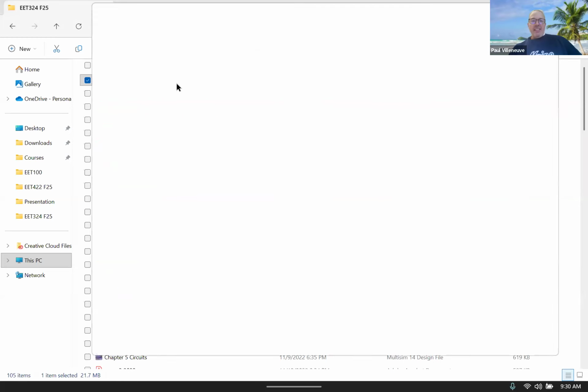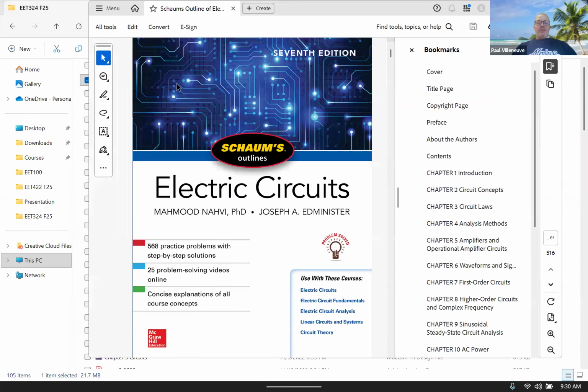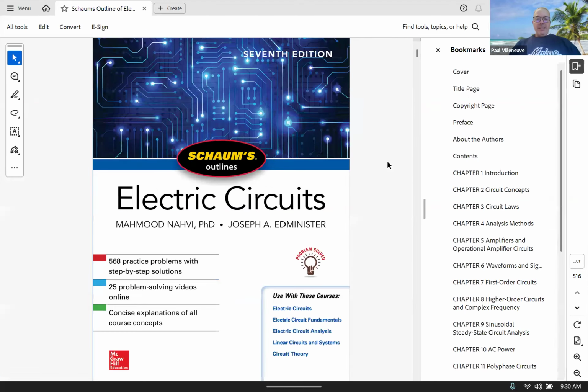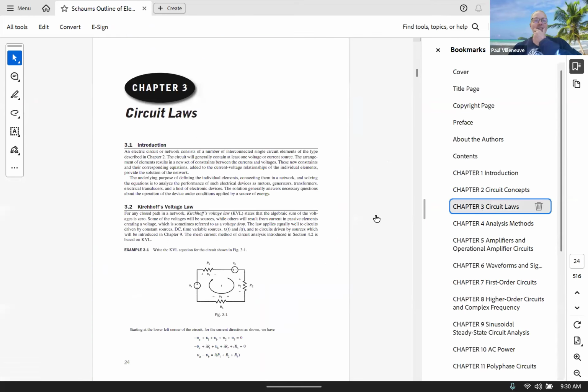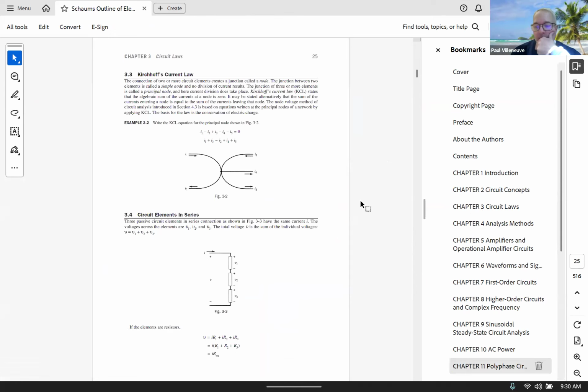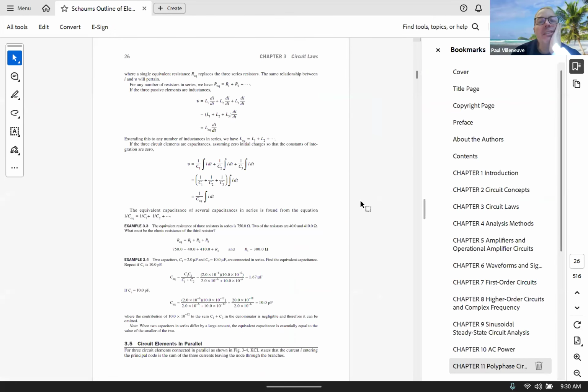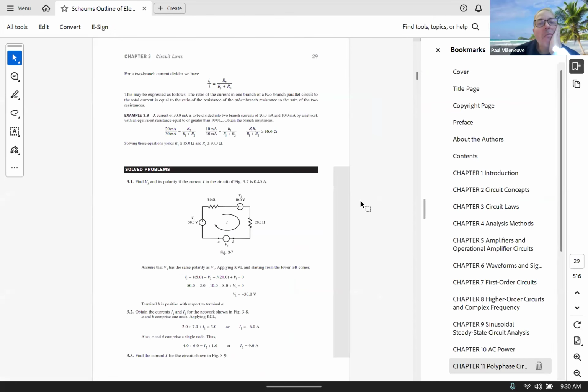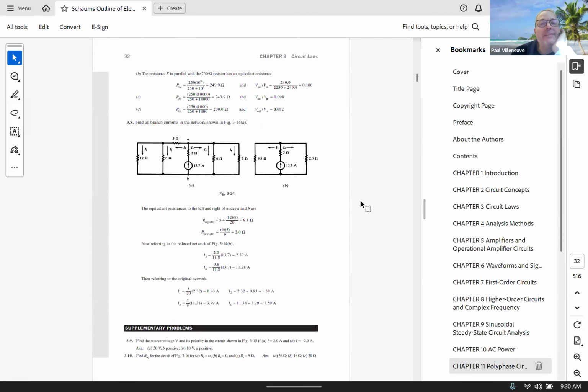Okay, let's see if this has an example. It's always good to start with something. Let's see if chapter 3 has anything. We can always find one if there's a couple of power supplies in it.